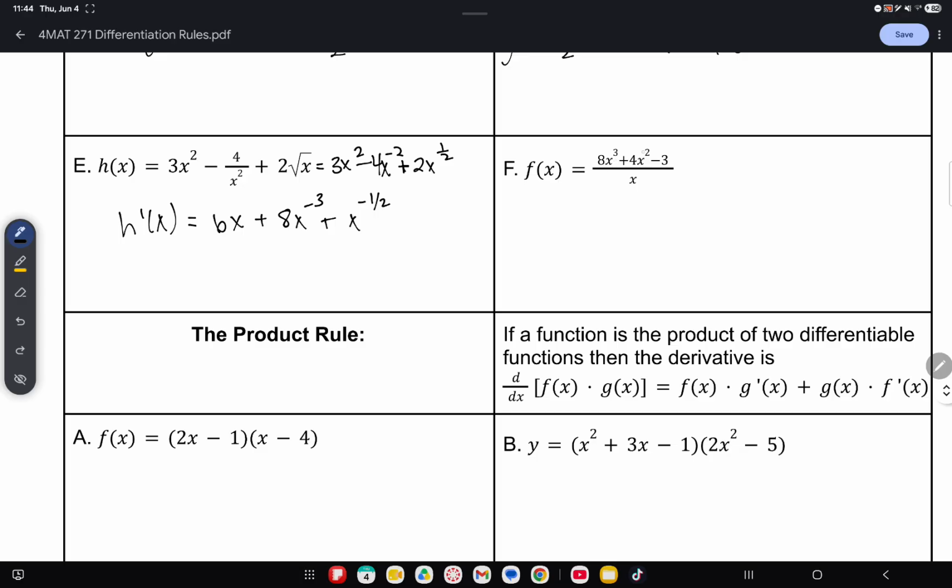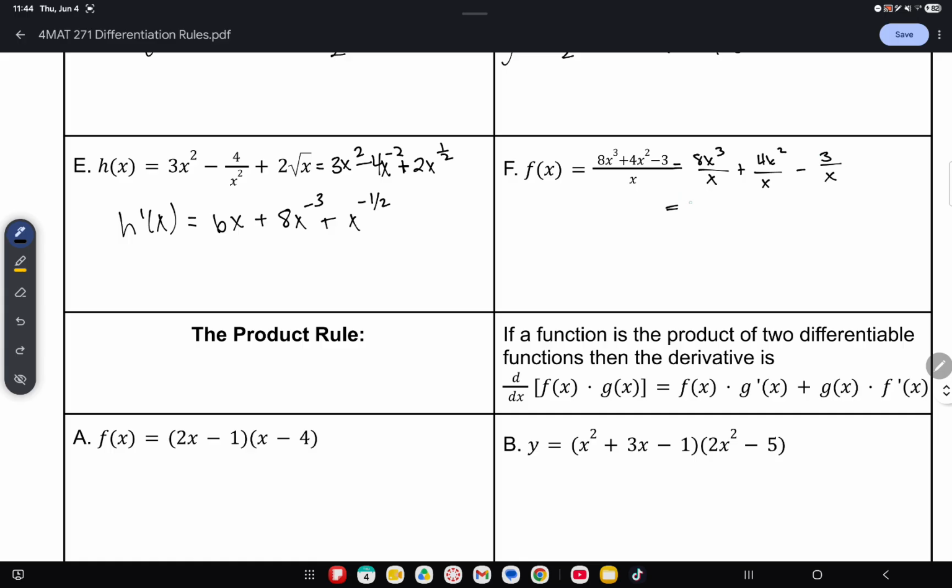For a function like this, it's the quotient rule, but we haven't got there yet, so we're going to break it apart. If we have a function divided by a monomial, we might be able to separate it and simplify, right? Because if everything's divided by x, I could then make this 8x cubed divided by x plus 4x squared divided by x minus 3 over x.